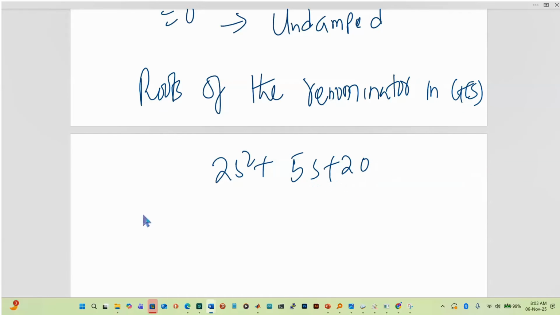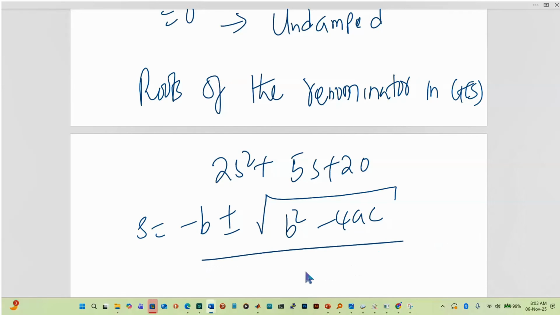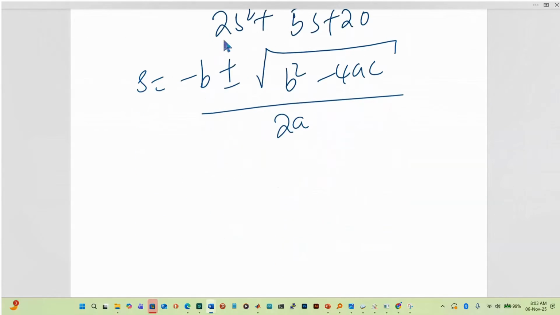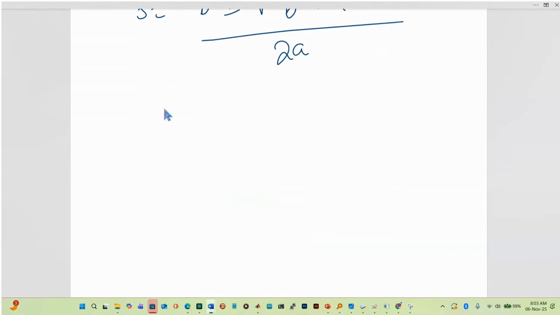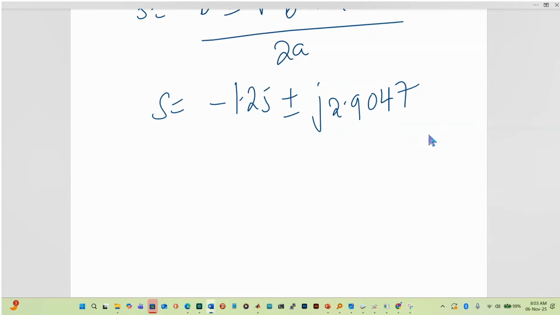When we use the formula s equals minus b plus or minus the square root of b squared minus 4ac, divided by 2a, we realize that our s is equal to negative 1.25 plus or minus j of 2.9047.